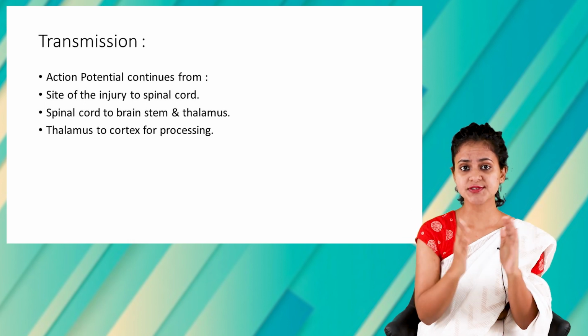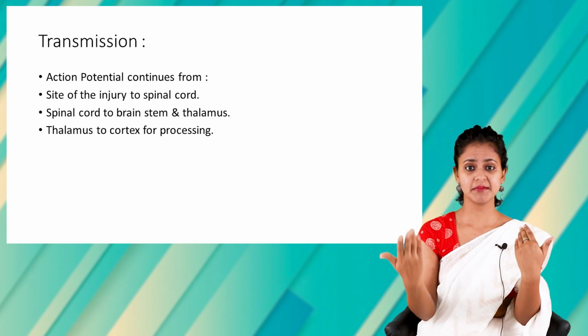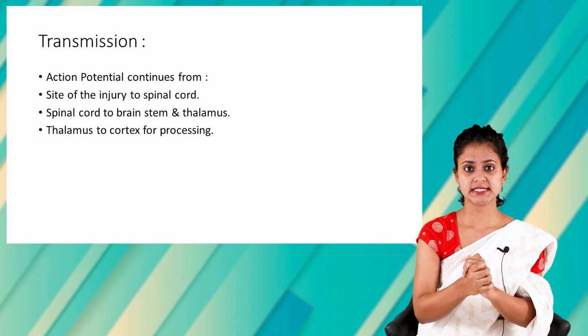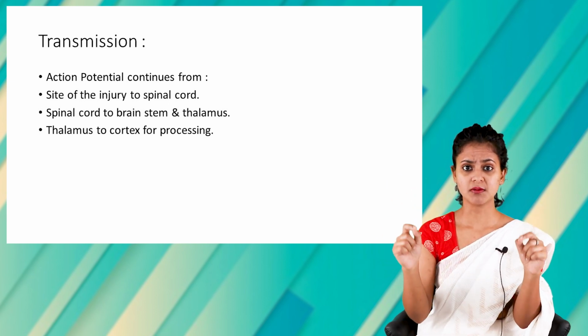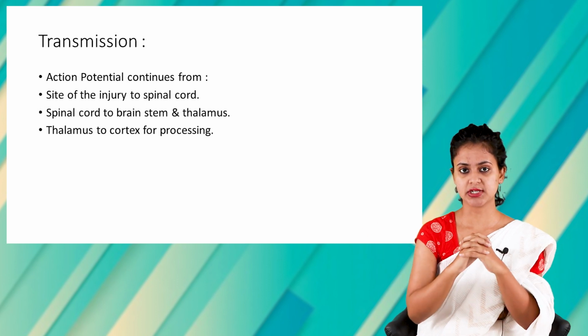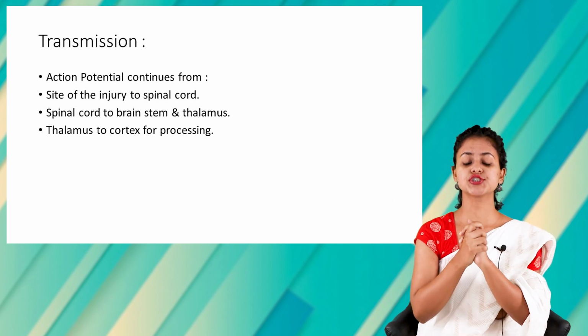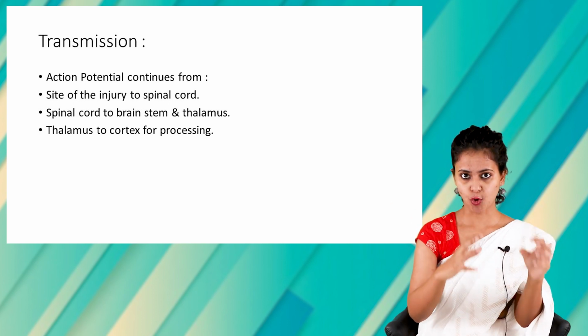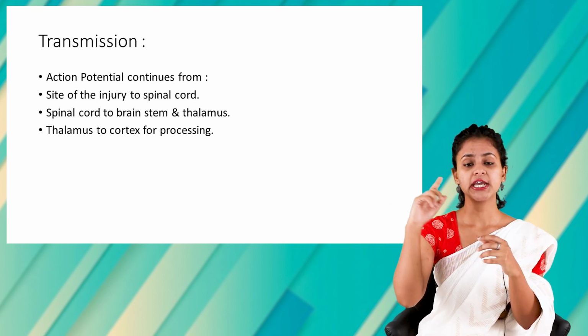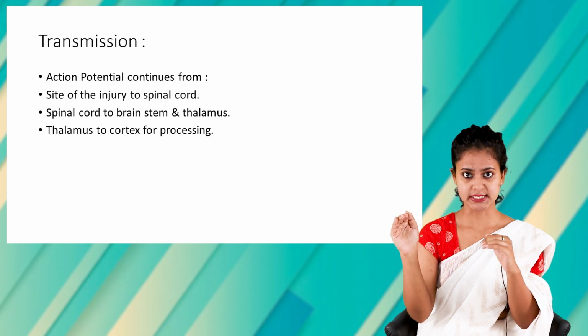Now, what does transmission do? As the name itself suggests, the action potentials travel along different pathways into the central nervous system. The action potentials continue from the site of injury into the spinal cord first.